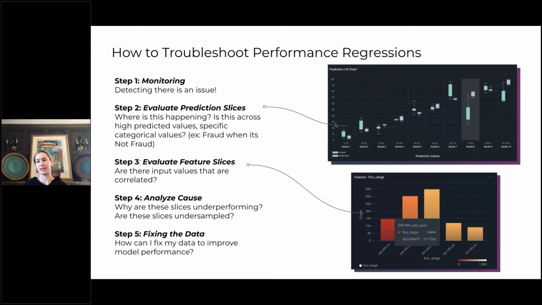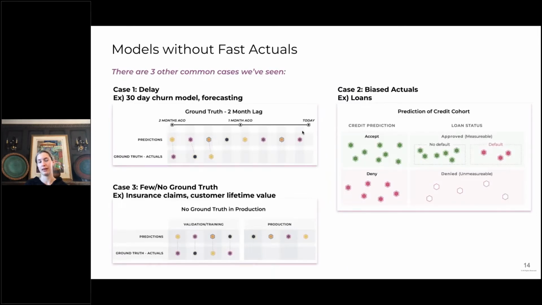How Arize feels is the best way to troubleshoot model performance in production and how we've done it for teams is first the monitoring aspect, but then actually being able to evaluate individual inputs, individual slices of data to see how that's related to overall performance, and then evaluating those slices. Once you understand the causes of performance degradation or causes of any fluctuation in performance, you can begin to fix the data and ultimately improve your model performance.